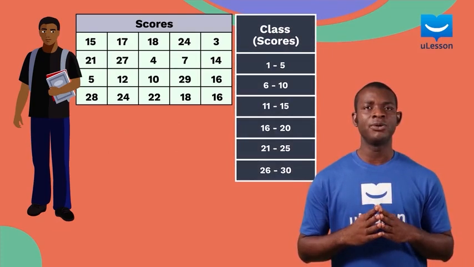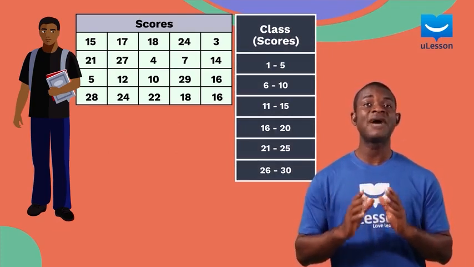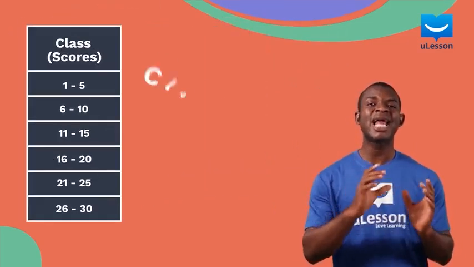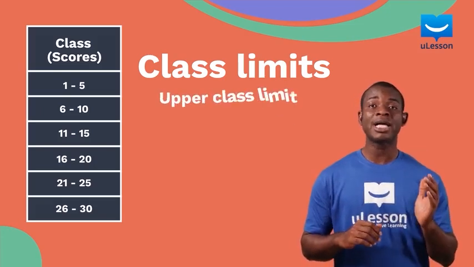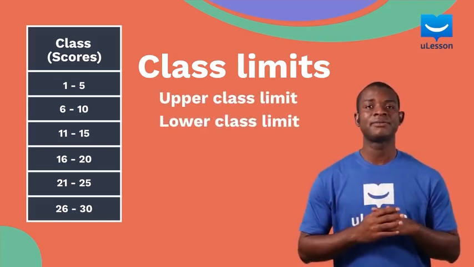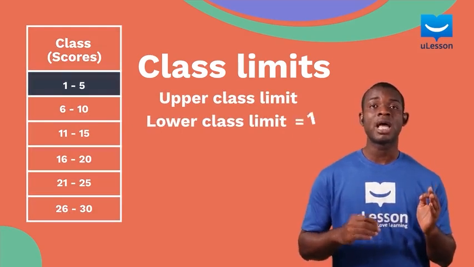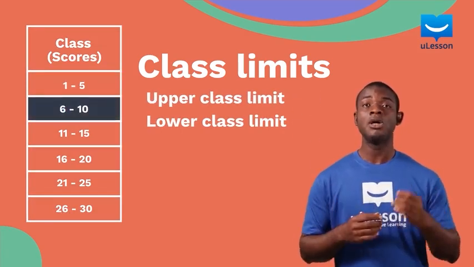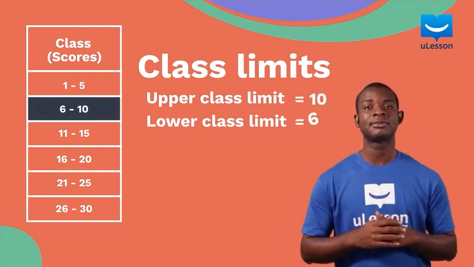As we can see in the table, we have 6 groups or classes, and these classes have defined limits. The limits are simply called class limits. A class usually has both upper class limit and lower class limit. In the case of the first class, the lower class limit is 1 and the upper class limit is 5. In the second class, the upper class limit is 10 while the lower class limit is 6.